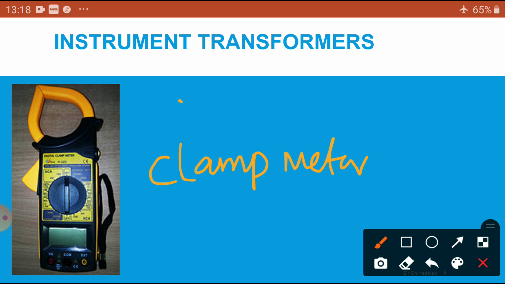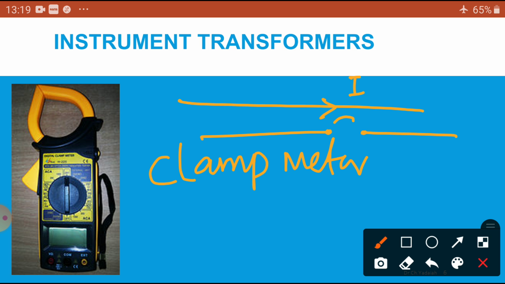Previously, if I wanted to know the current in the line, I would open it and cut it, and connect an ammeter here. It will measure the current in the line by the ammeter. But what has happened? I have to cut the line.